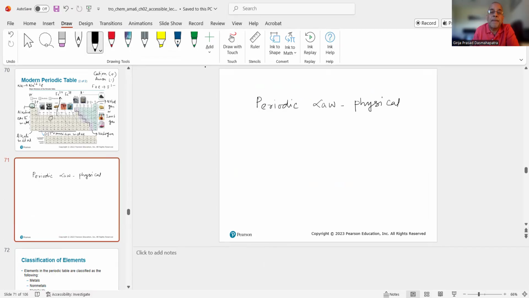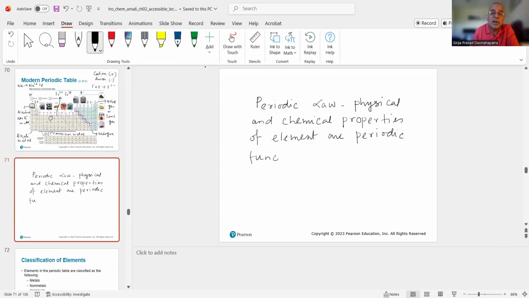Physical and chemical properties of elements are a periodic function of atomic numbers of the elements.